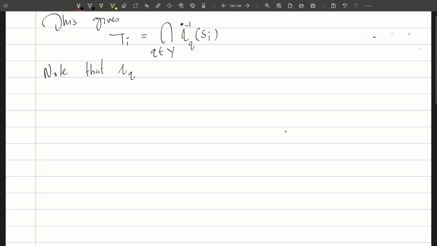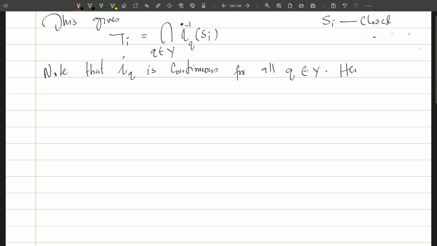this iq is continuous for all q in Y. That means the inverse image of Si, now Si is given to be closed, so iq inverse of Si is closed. So the intersection of closed sets is closed. So that means Ti is closed.